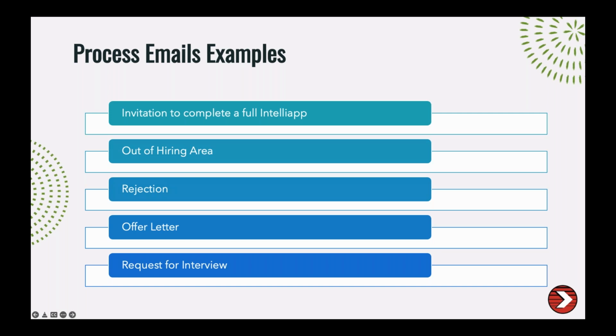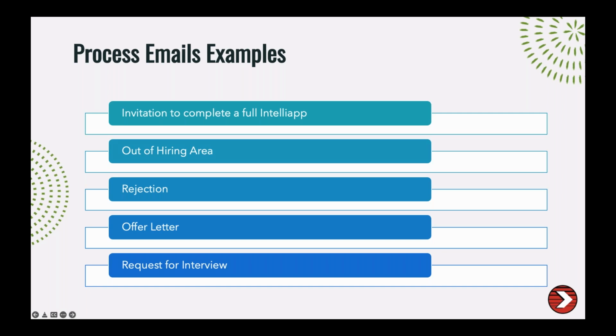In these examples, if you had a lead that came in the dashboard, a short form, maybe it was a partial application, they didn't finish it, you could run a process that said invitation to complete full app and click start, and it would send an email out to the subject, however you had that configured, where it could say, please click the link below to complete a full application.